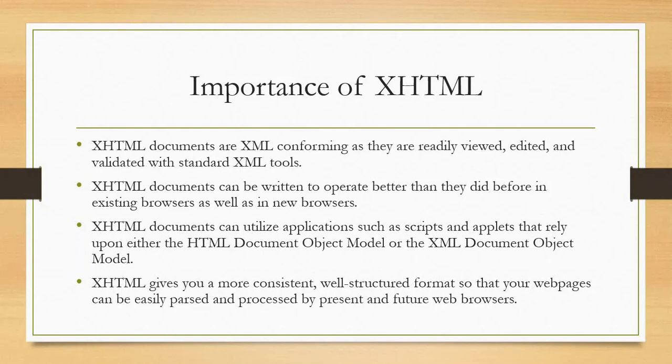XHTML also helps in parsing, and depending on when a new web browser is produced, it should be able to fit properly and load within that web browser, whereas HTML may need to be edited for any new web browsers. We will discuss parsing later in this course.